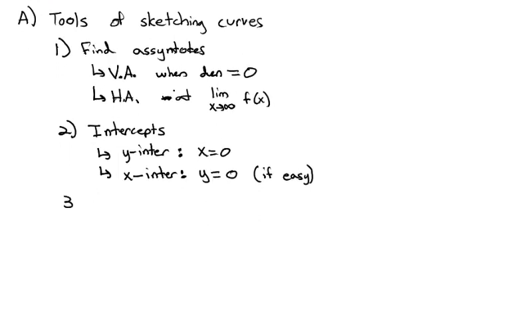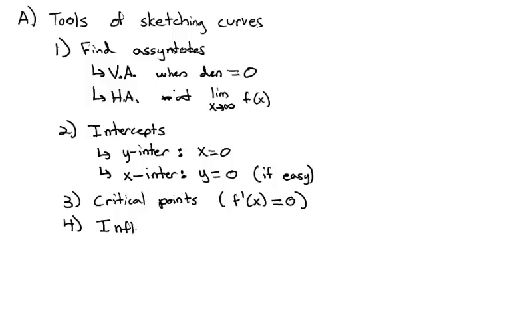Number 3, the third thing we're going to do is find the critical points. And those generally are going to be your local mins and your local max. Remember, we find critical points when the derivative is equal to 0. And finally, we're going to find the inflection points.